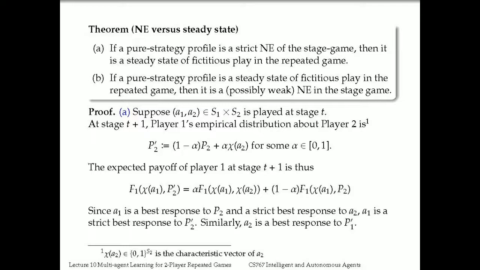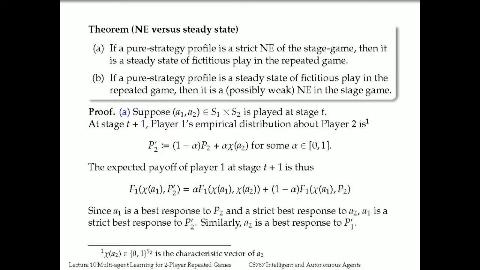Also, because we know that A1, A2 forms a strict Nash equilibrium, A2 is the best response to the action A2 of player 2. So F1 of A1 and A2 is also maximum. If you have both of these factors maximum and you take the linear combination with weights alpha and 1 minus alpha and sum it up, then the resulting value will also be optimal.